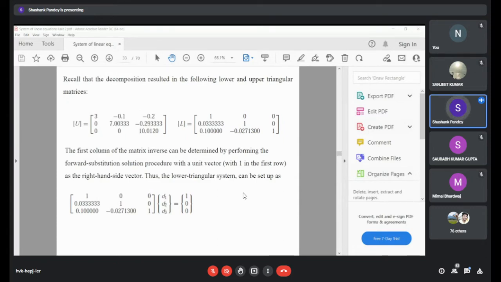Okay, Ayush Agarwal. Yes, sir. So what is this term in the lower triangular matrix? What is this second row, and D2 is what? D2 is equal to minus D1, so D2 is equal to minus 0.033. Continue. Acha. And D3?